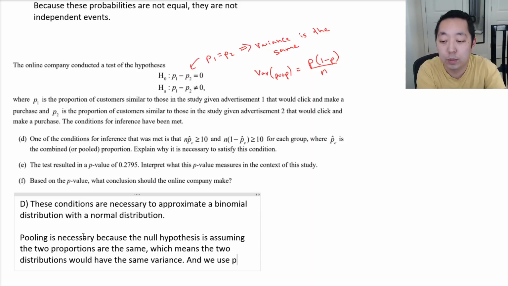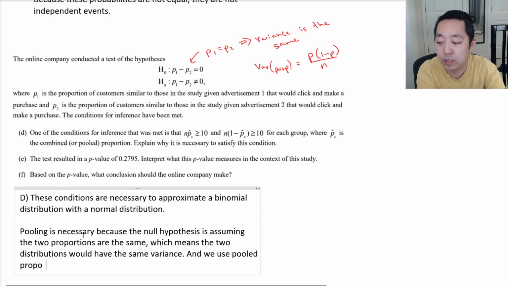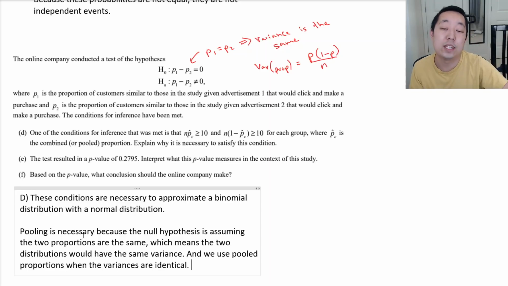And we use pooled proportions when the variances are assumed to be identical. Now some people just always do it, but I want you to understand where that comes from, what assumption we're really making.